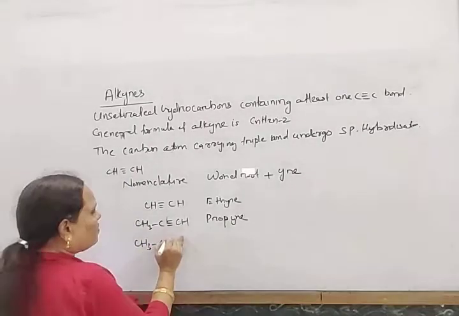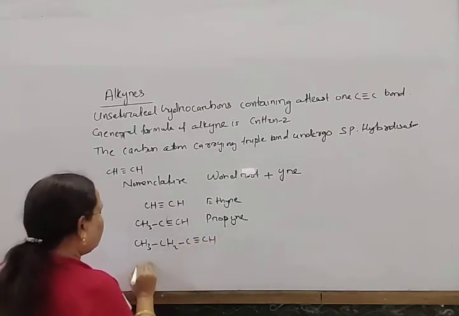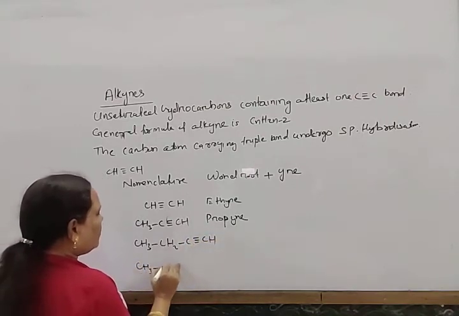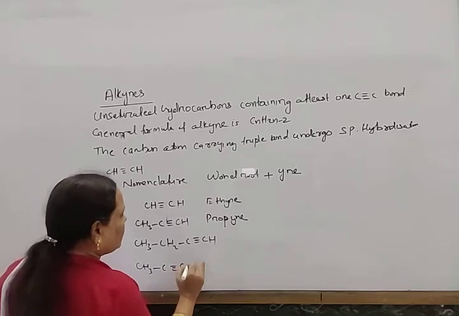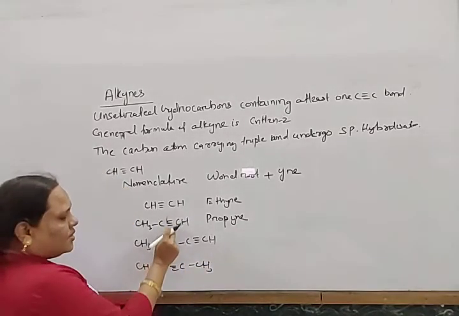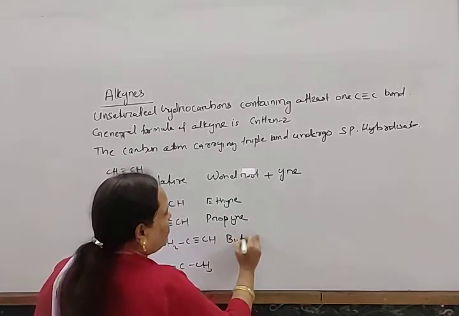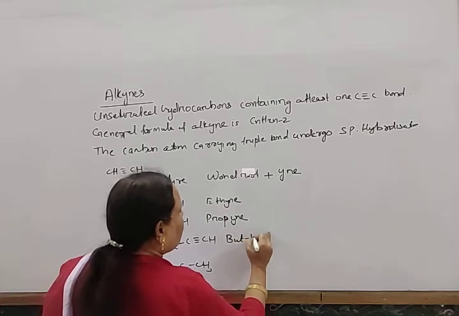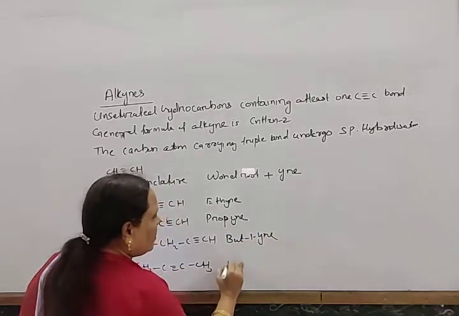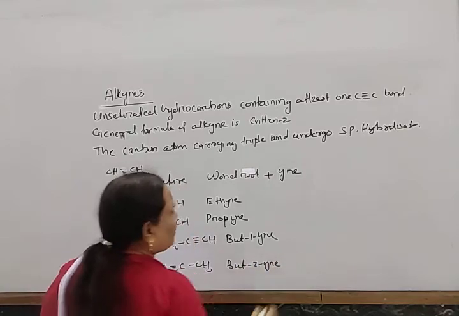Similarly, if more carbon atoms are there, C triple bond CH or CH3 C triple bond C CH3, more than 3 carbon atoms, the word root is but. Then but-1-yne and this one but-2-yne.